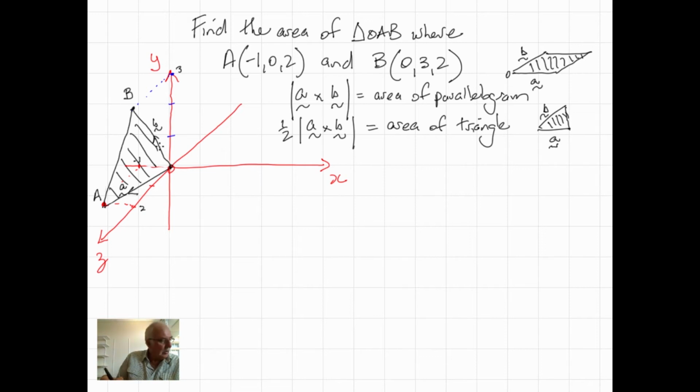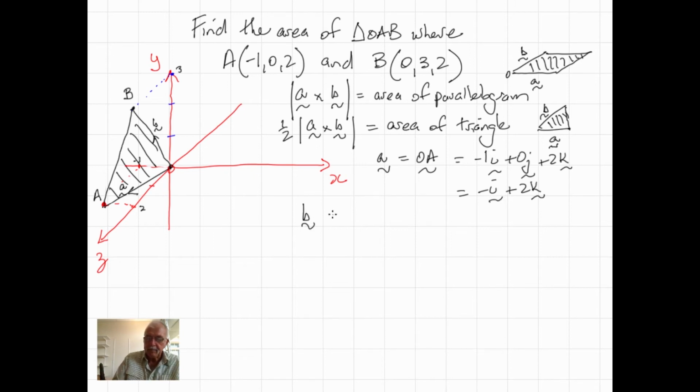So vector A will be equal to, from the origin to A, which is a position vector, and that's given by -1i plus 0j plus 2k, and we can simplify that a little bit as just -i plus 2k.